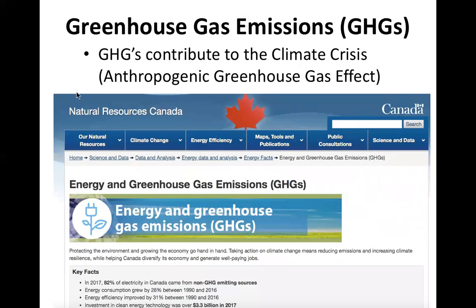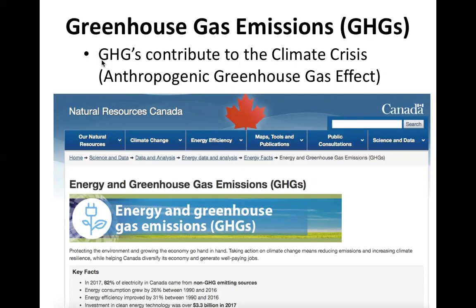So greenhouse gas emissions is also a consideration. If you don't remember from grade 10, the climate change unit, greenhouse gases such as carbon dioxide, methane. We say carbon because carbon dioxide is the biggest one that we're thinking of.